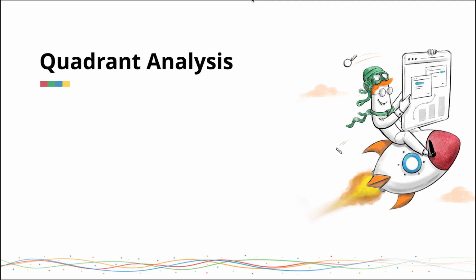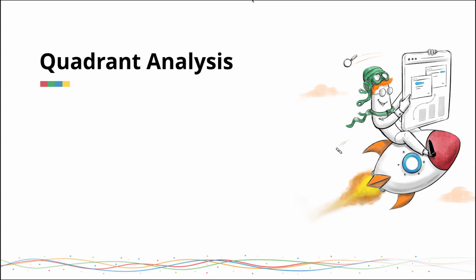Next, which of your sales reps are doing well on both the deal count and revenue at the same time? It will also help you find out which of your sales reps need to improve on both the deal count and revenue as their numbers are low. So these are the things that quadrant analysis will help you find out.